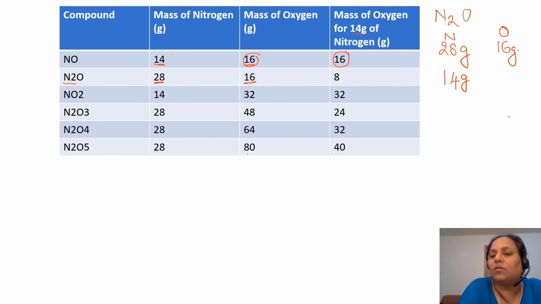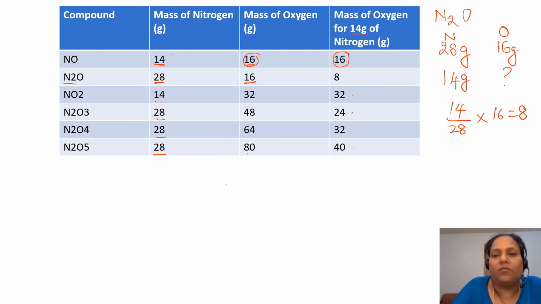So what will be the mass of oxygen? It will be 14 upon 28 multiplied by 16, which will work out to be 8. Similarly, you can do the calculations for the other oxides NO2, N2O3, N2O4 and N2O5. So for 14 grams of nitrogen, the mass of oxygen in all these compounds works out to be 16, 8, 32, 24, 32 and 40.